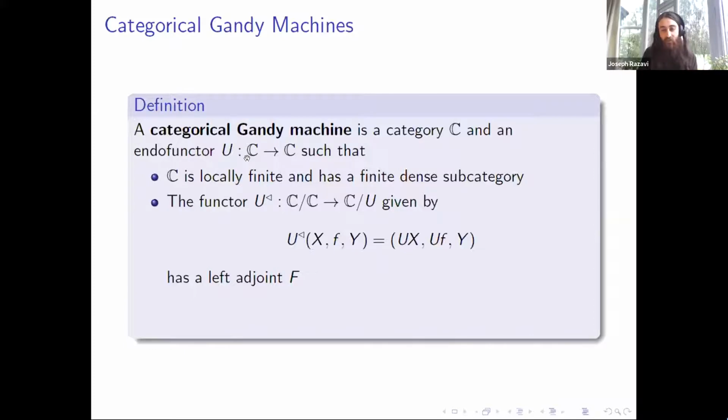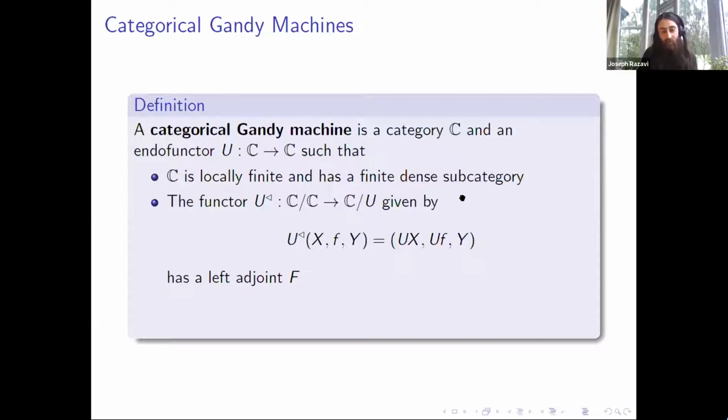And in our examples, it's very rare that the category will have a terminal object. But happily, one of the reviewers told us that this condition is being a parametric right adjoint and pointed us at some more literature. So if anyone has a favorite characterization of parametric right adjoints, I'm very interested to hear it.